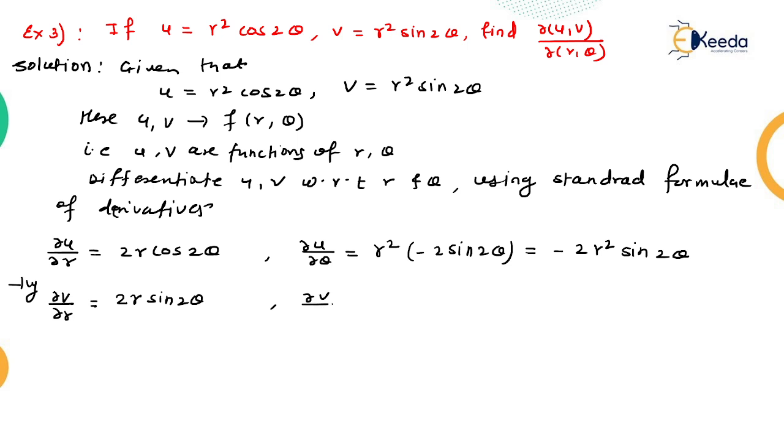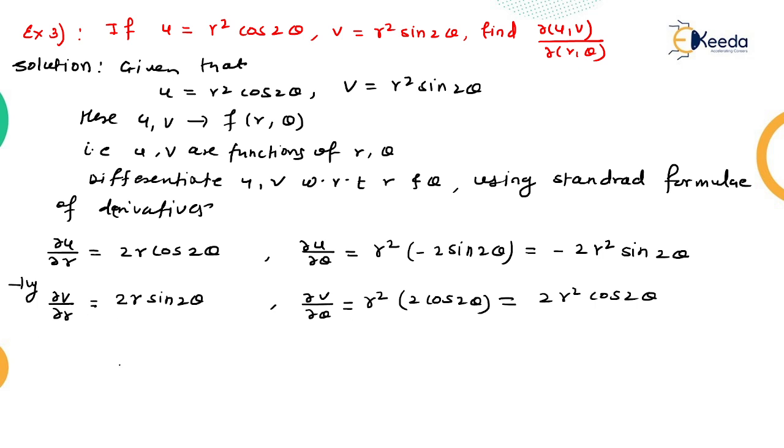Next, ∂v/∂theta: r is a constant, therefore r square as it is, and the derivative of sin 2 theta is 2 cos 2 theta, so this is equal to 2 r square cos 2 theta. You observe the values of ∂u/∂r, ∂u/∂theta, ∂v/∂r, and ∂v/∂theta, right?